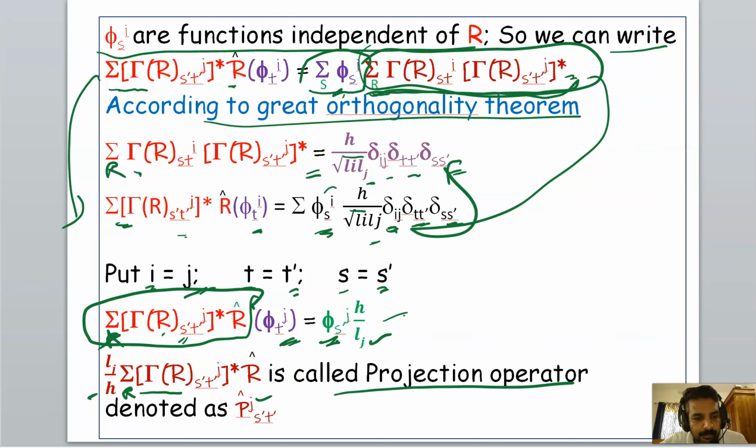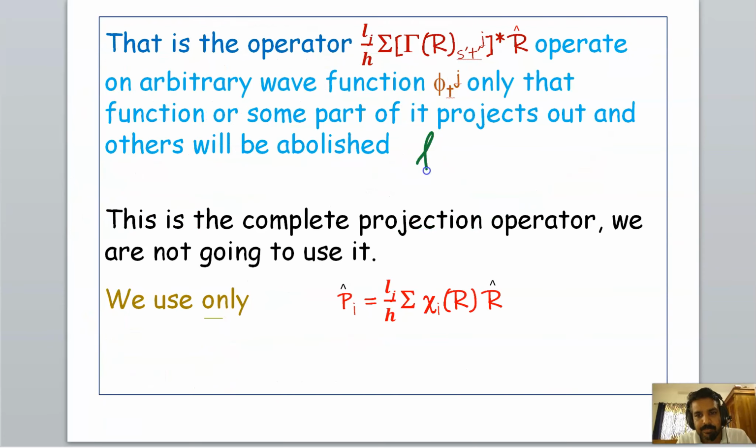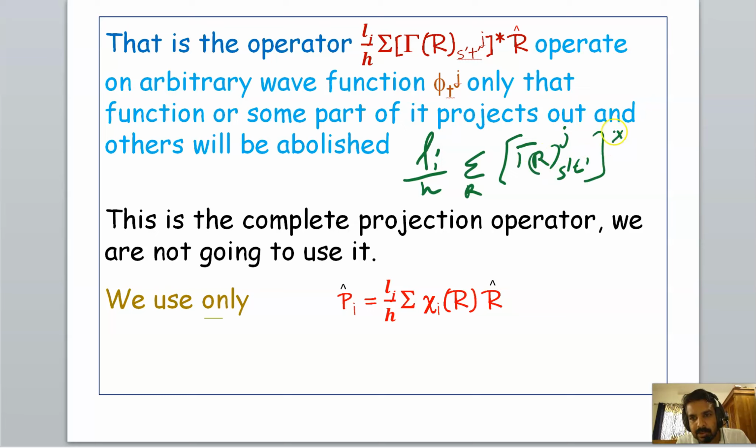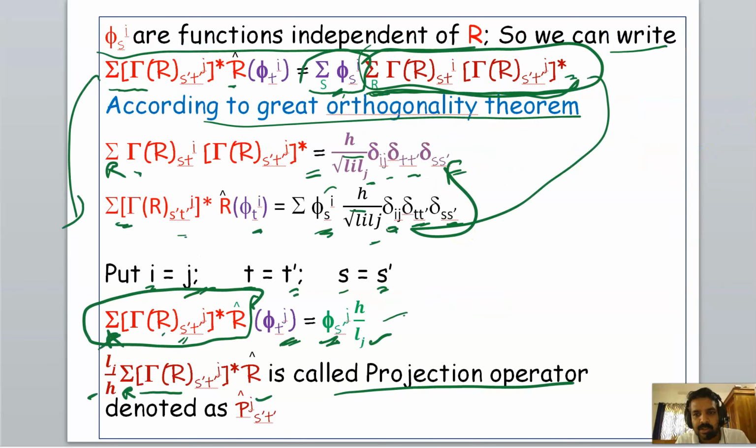In the next slide, this function is like this: li divided by h, sigma r, gamma r s dash t dash j, complex conjugate (we can ignore that), into r cap, acting on a function phi tj. And we get another function.